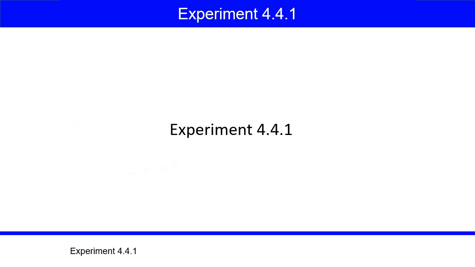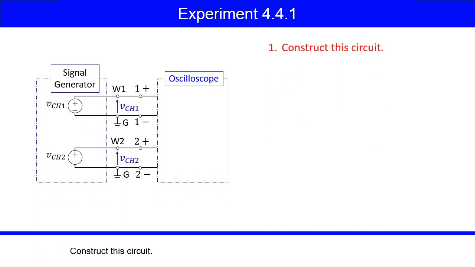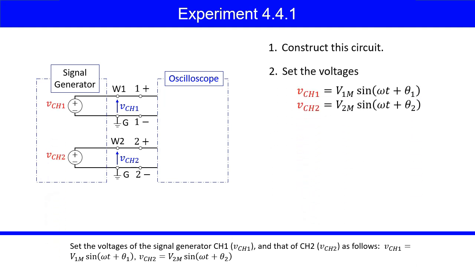Experiment 4.4.1. Construct this circuit. Set the voltages of the signal generator channel 1, VCH1, and that of channel 2, VCH2 as follows: VCH1 equals V1m sine omega t plus theta 1, VCH2 equals V2m sine omega t plus theta 2.